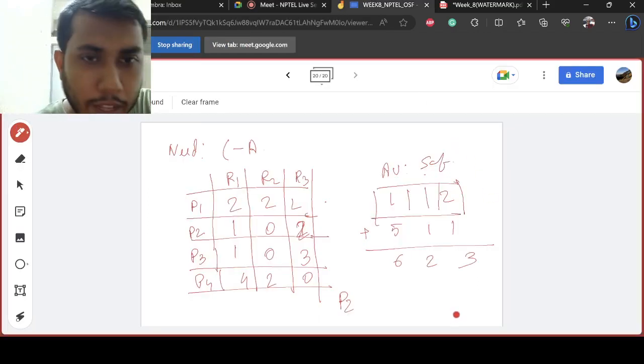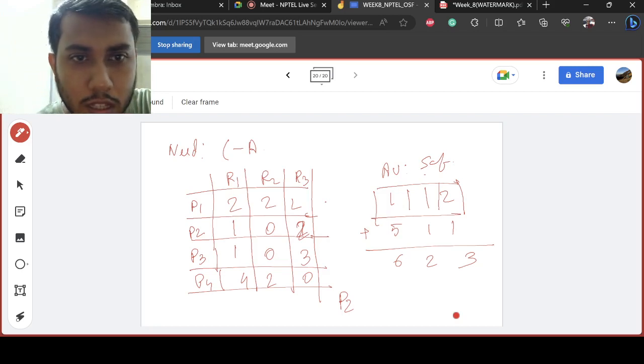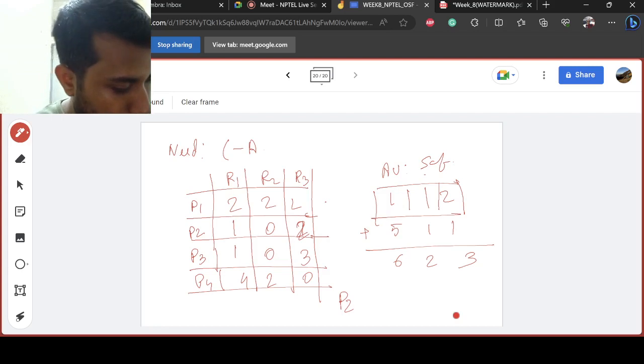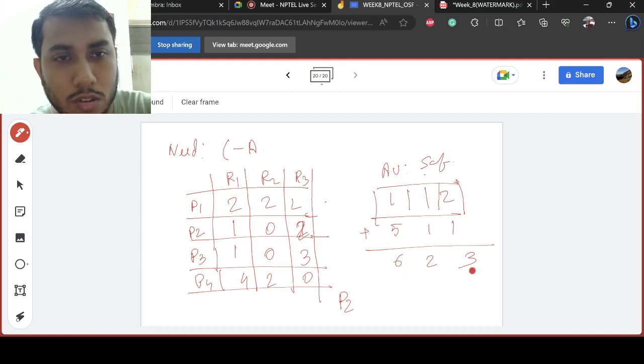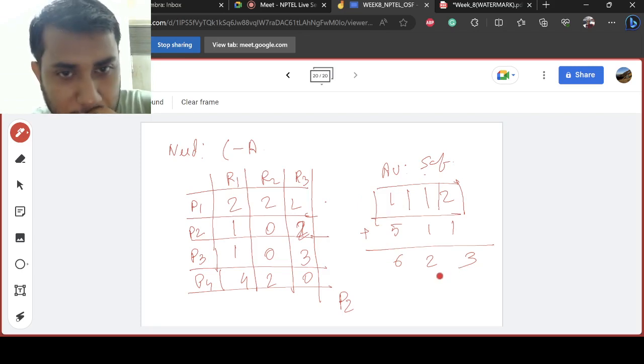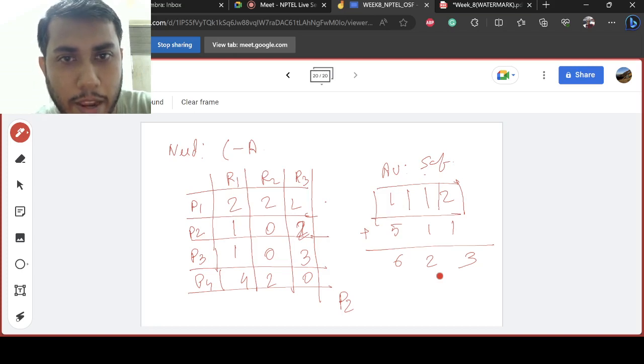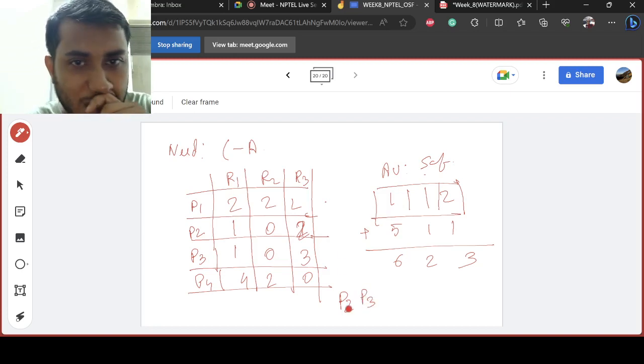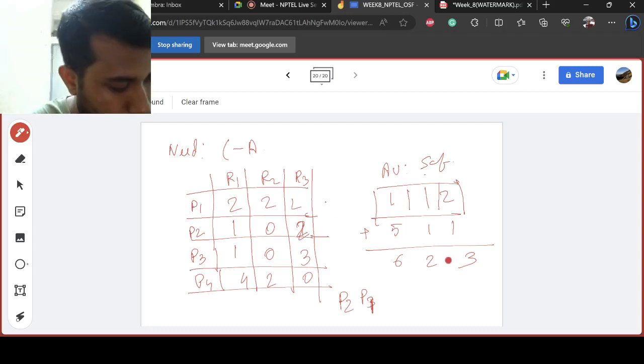Now, will anyone else complete? Now 6 2 3 is what is currently available, and P1 will get selected because it requires only 2, 2, and 2 units of each.